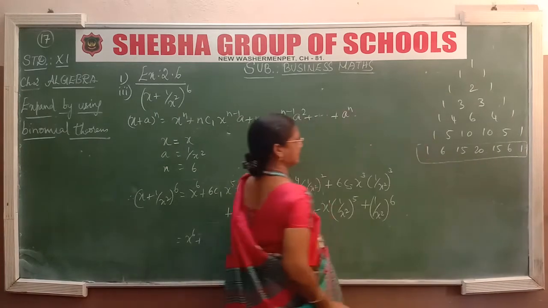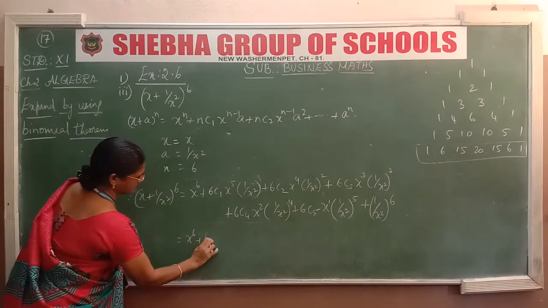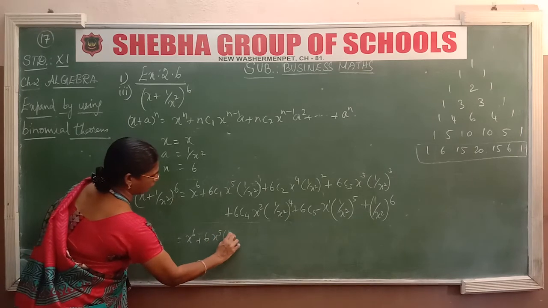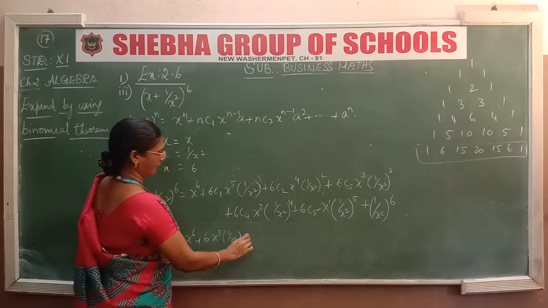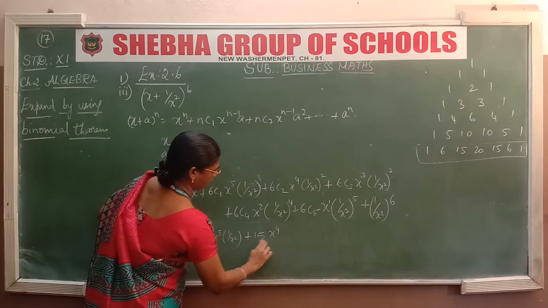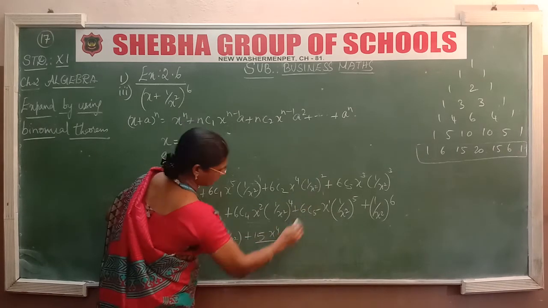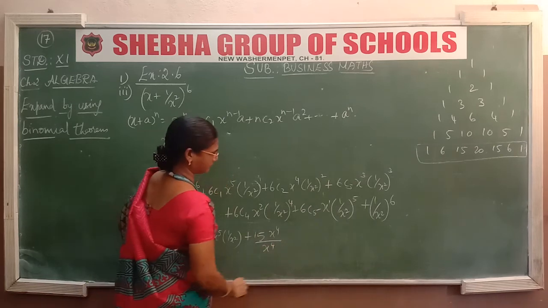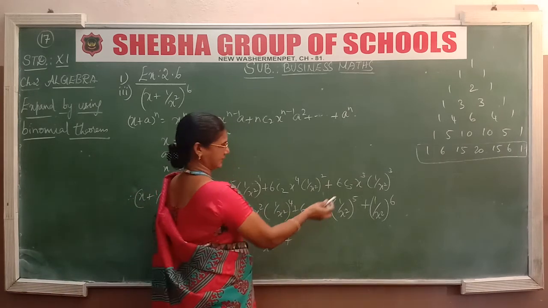Using the coefficients we get 6 into x power 5 into 1 by x square, plus 6c2 means 15, 15 x power 4 and by x square the whole square becomes x power 4, plus 6c3.